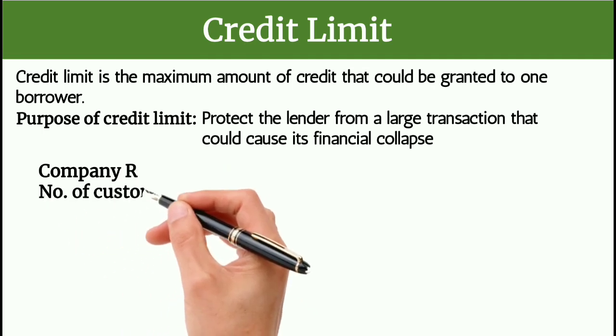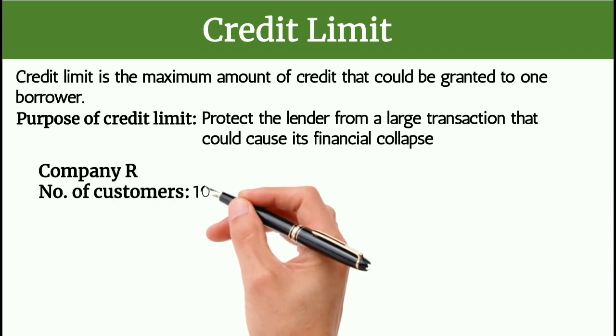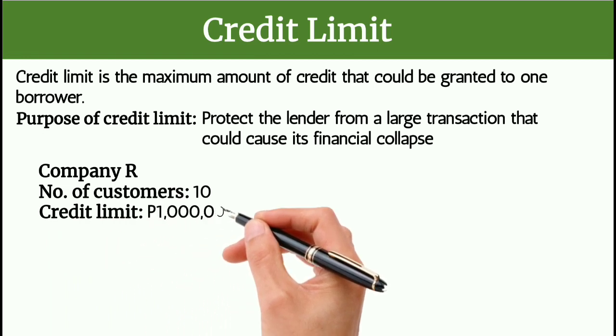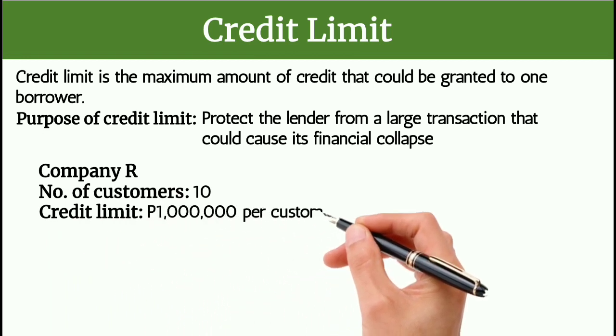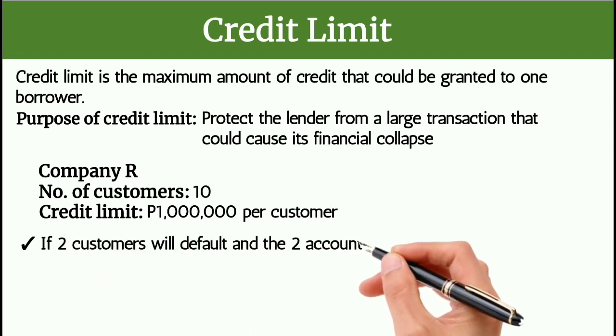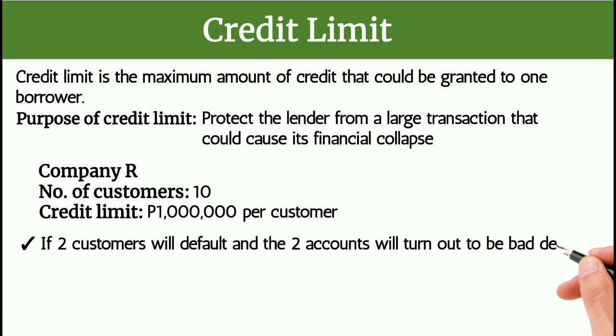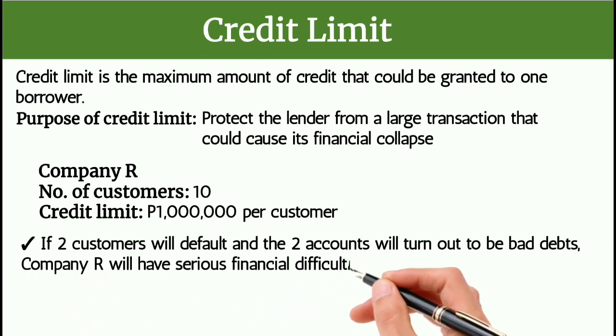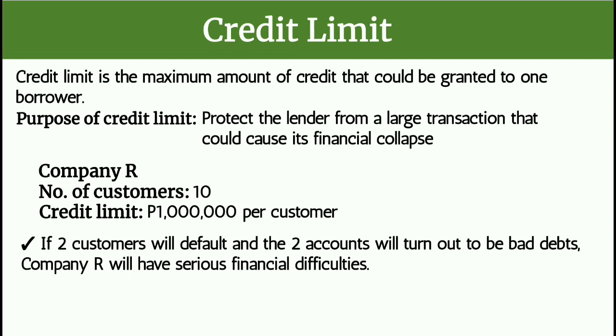To illustrate, let's say Company R has 10 customers and the credit limit is 1 million pesos per customer. If 2 customers will default and the 2 accounts will turn out to be bad debts, this company will have serious financial difficulties.